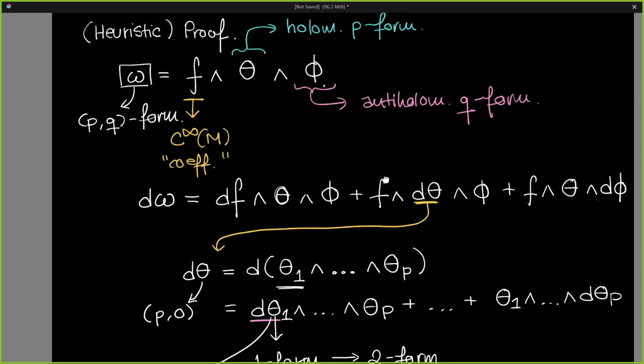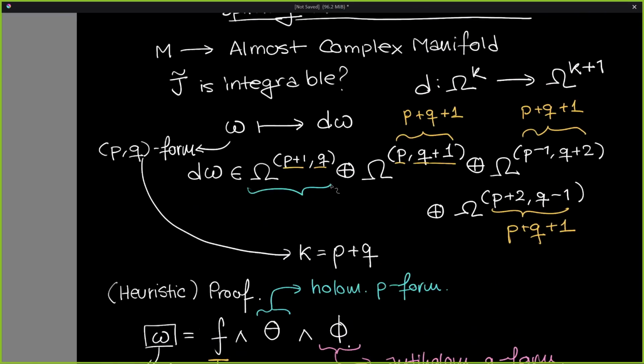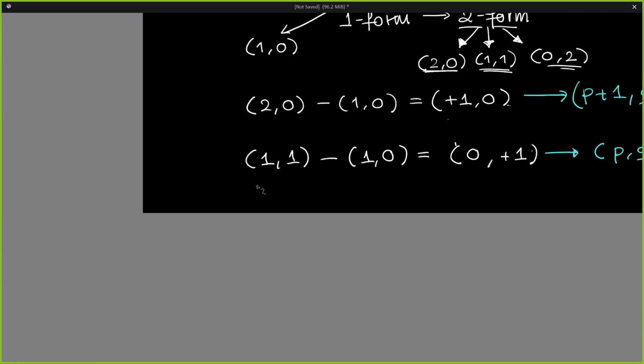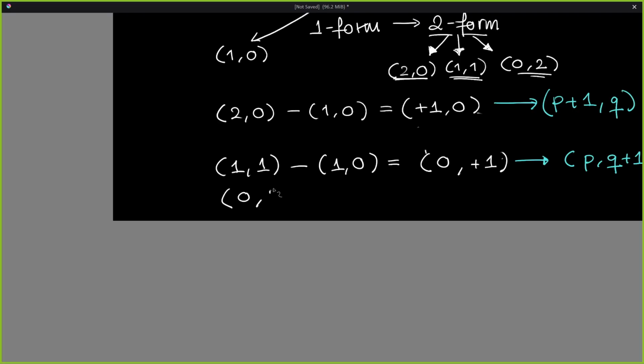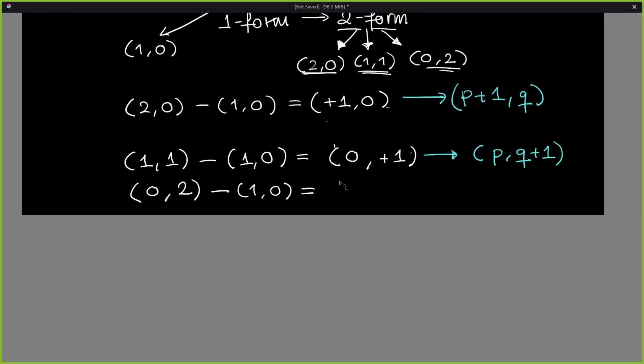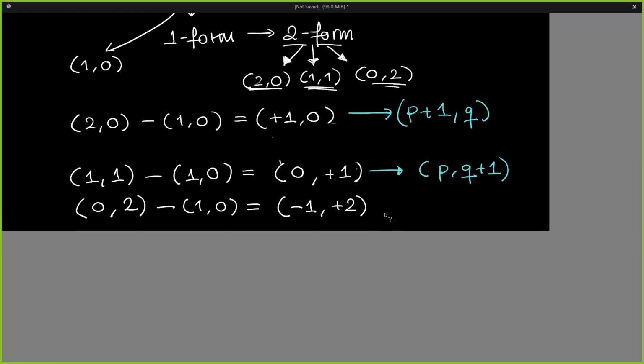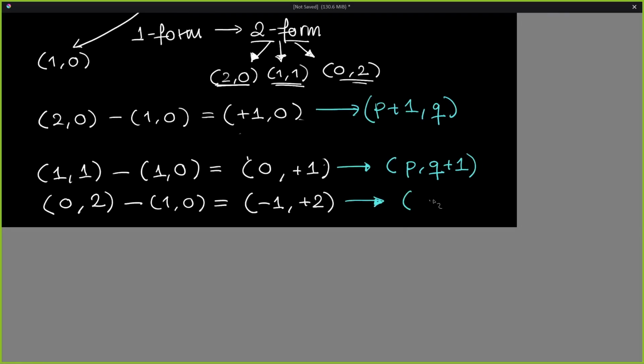Okay, so we already have terms that look like this and terms that look like this, right? Lastly, we have 0, 2 minus 1, 0. That will give us a change of -1 and +2 to the grading. So this will give us p minus 1 q plus 2.